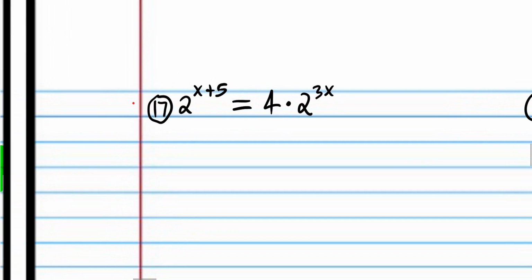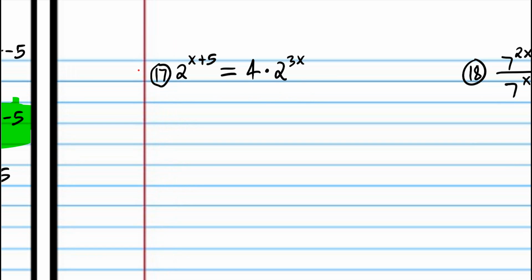Now this problem, we're not at the critical point because, I mean, we have base 2. You see the base 2 here, we have that, and we have base 2 here, but we have a 4 next to it, which kind of messes things up. So we have to combine that 4 somehow with this expression, 2 to the 3x.